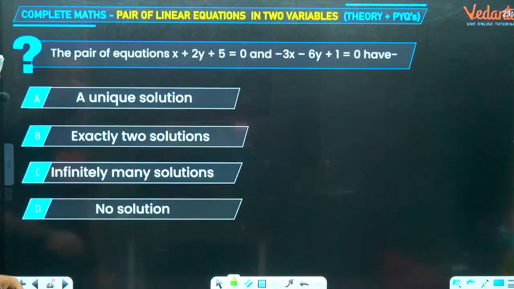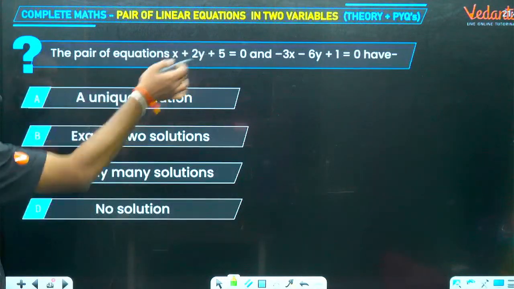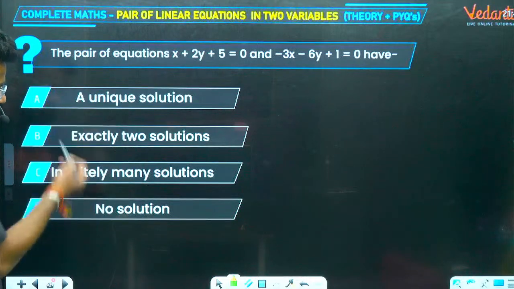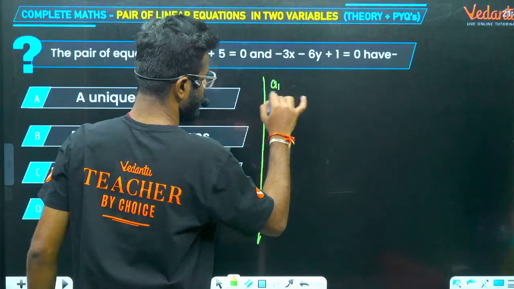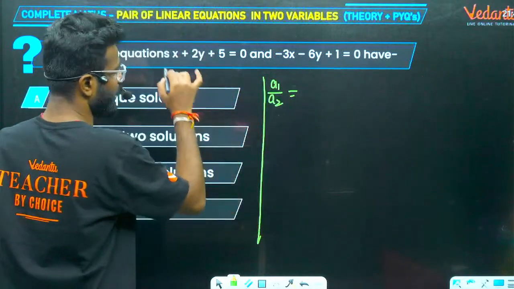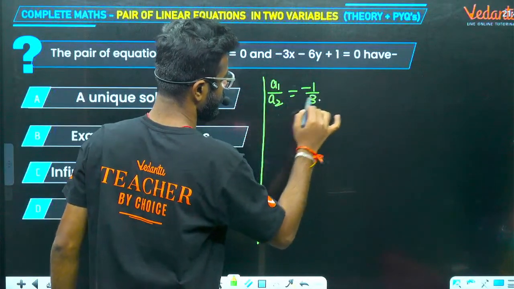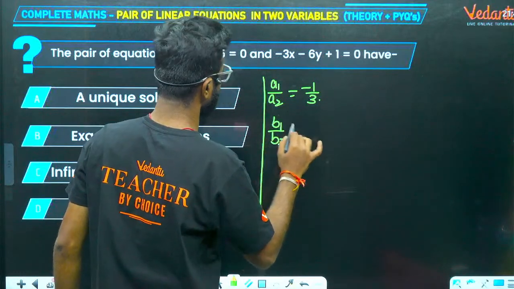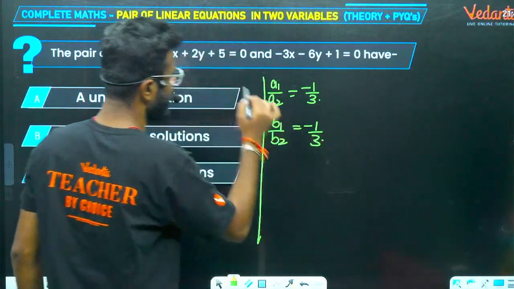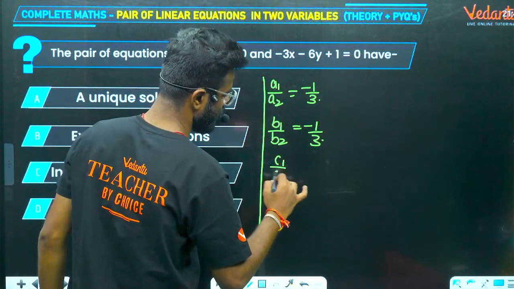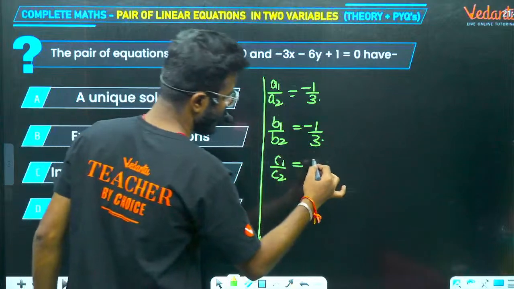The pair of equations have a unique solution, exactly two solutions, infinitely many solutions, or no solutions. Now comparing the ratio A1 upon A2, we get minus 1 by 3. B1 upon B2, 2 by minus 6, that is minus 1 by 3. And C1 upon C2 is 5 upon 1, that is 5.